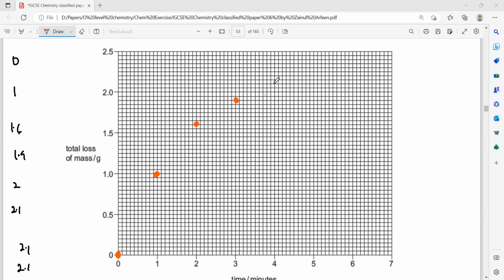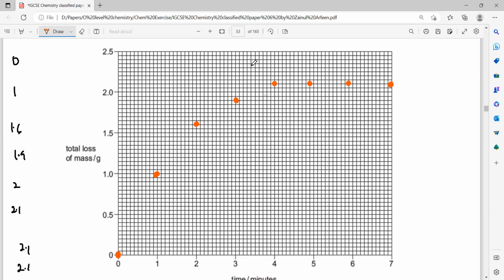So this one is representing 2 and this is 2.1. And then at 5 also 2.1. At 6 it is 2.1 and at 7 it is also 2.1.